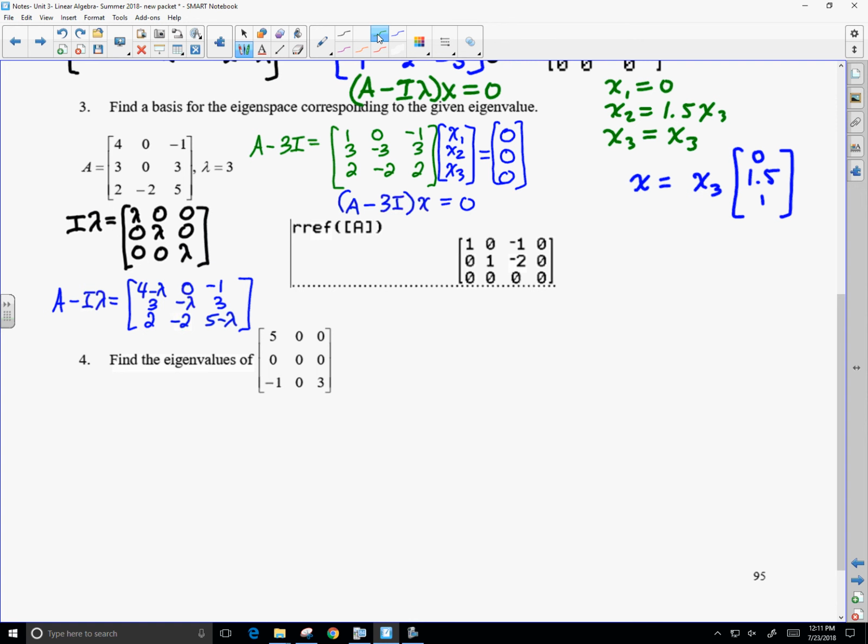All right, so we have x1 equals x3, x2 equals 2x3, x3 equals itself. So x would be equal to x3 times 1, 2, 1.